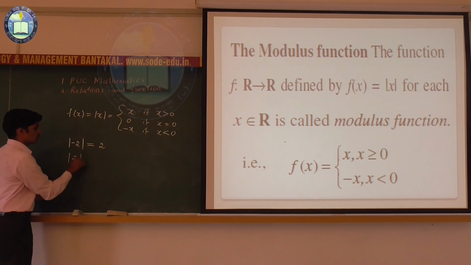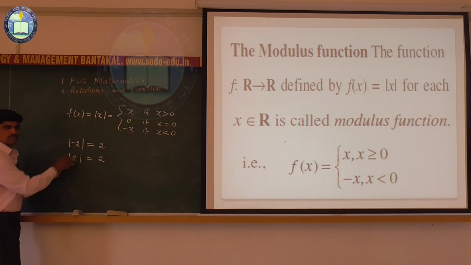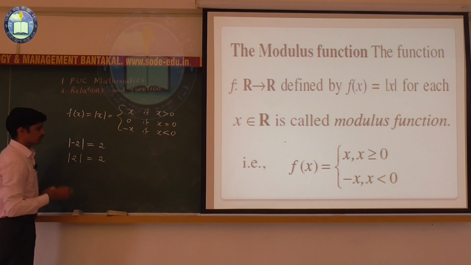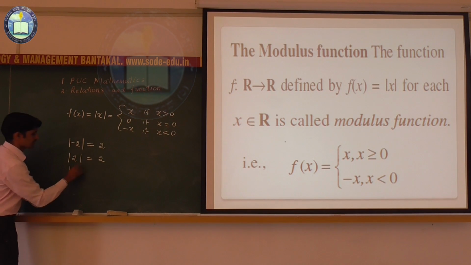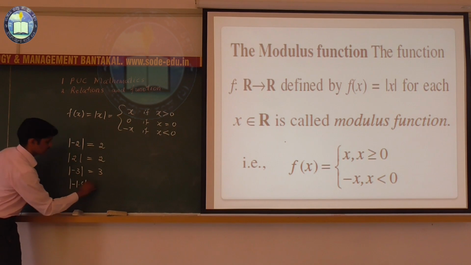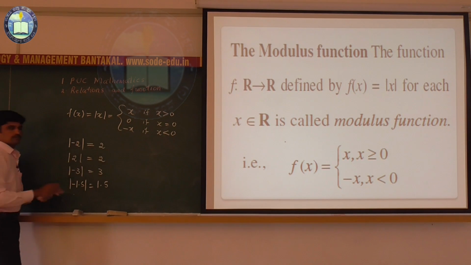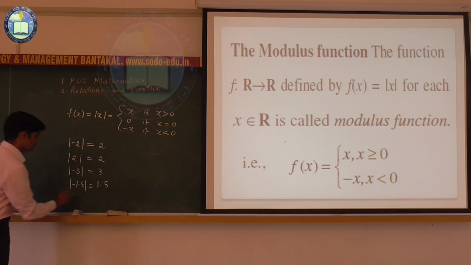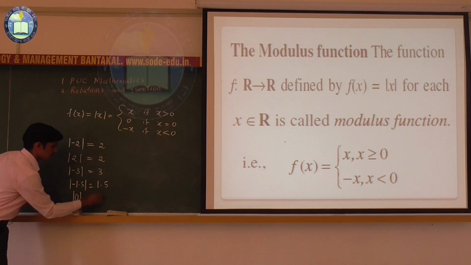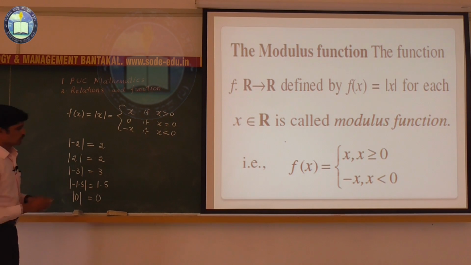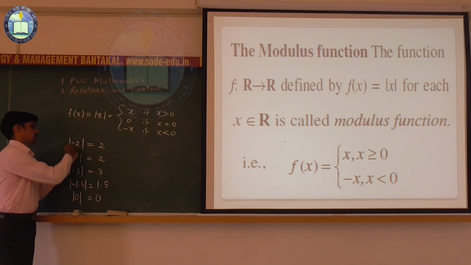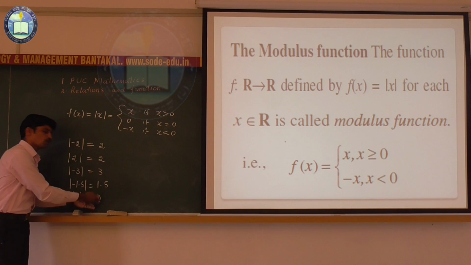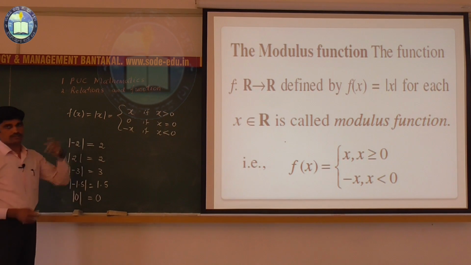Whereas modulus of 2 is also equal to 2, because it always gives a non-negative value. Modulus of minus 3 is equal to 3, modulus of minus 1.5 is equal to 1.5. This is the function which always gives a non-negative value. Modulus of 0, if you calculate, it is 0 only, no change. So the mod function can take all non-negative real numbers.